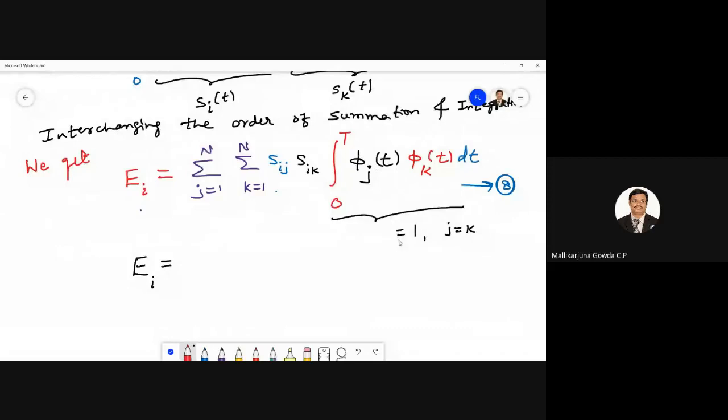That integration will become 1, and the coefficients will become Sij whole squared.